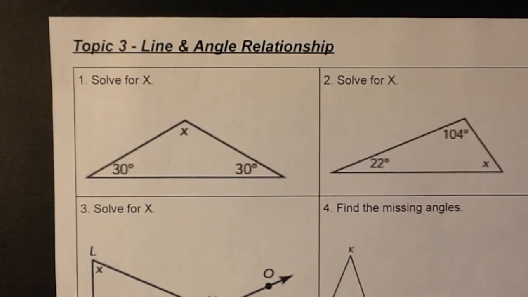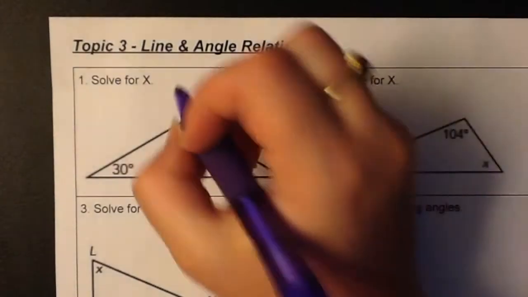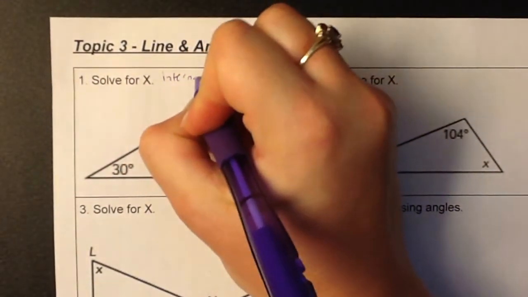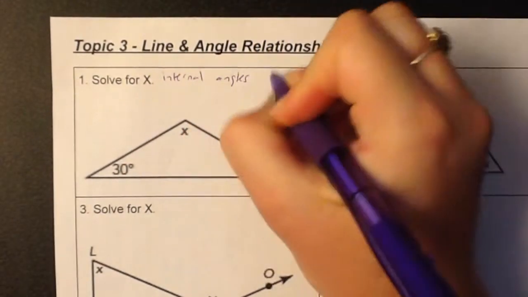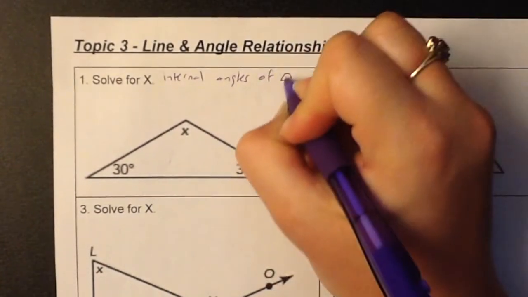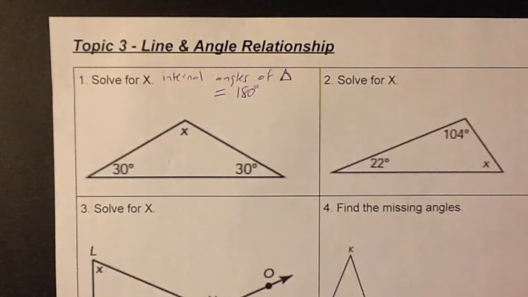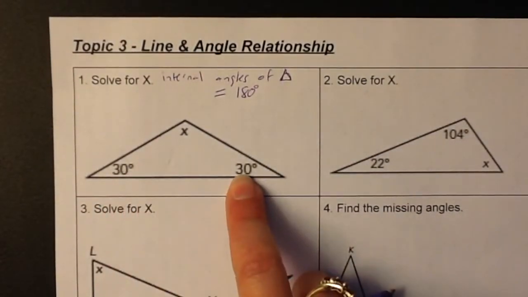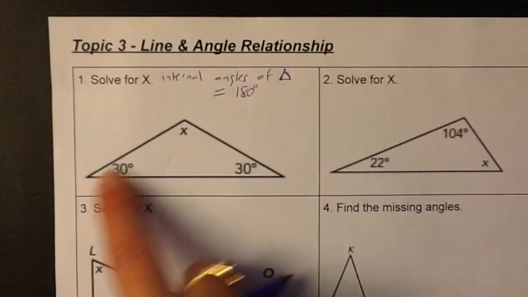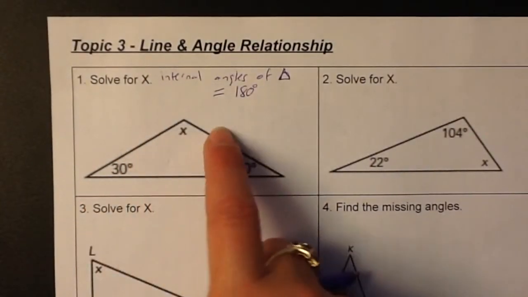So something we need to remember is all internal angles of a triangle add up to 180. So if that's true, and here we have 30 and 30, so that's 60, the rest of that 180 has to be 120.